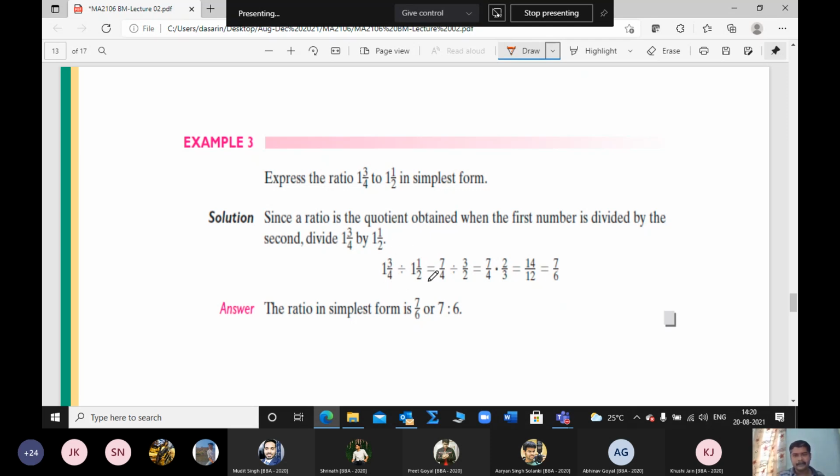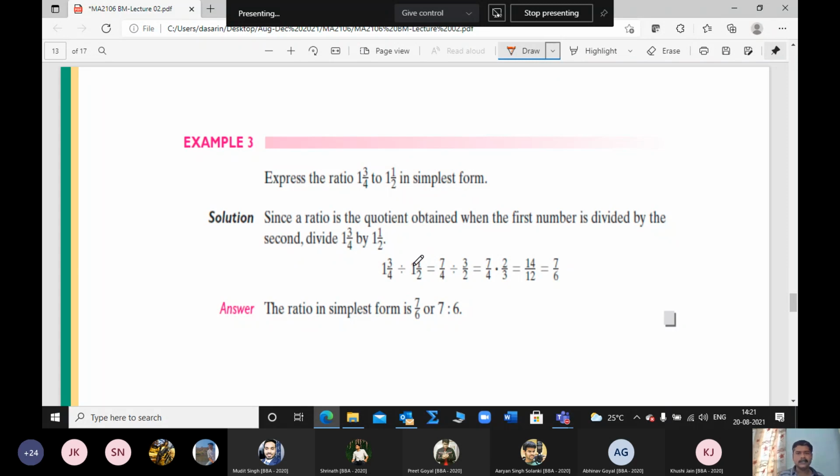How did we get this 7 divided by 4? 4 multiplied by 1, answer is 4. To that answer I am adding 3, 4 plus 3, that is 7, 7 divided by 4. Similarly, if you wanted to express this mixed fraction 1 1/2 as a proper fraction, I'll be multiplying this 2 with 1, 2 times 1 is 2, add 1 to that, 2 plus 1, that is 3, divided by 2.